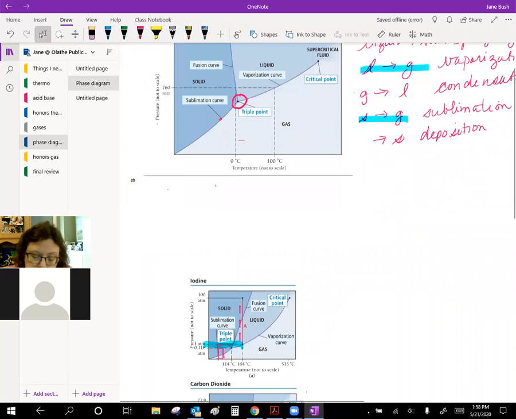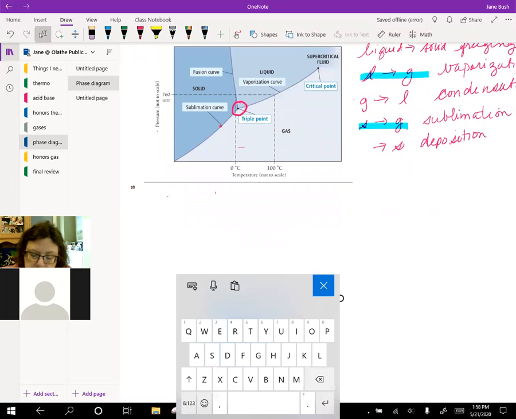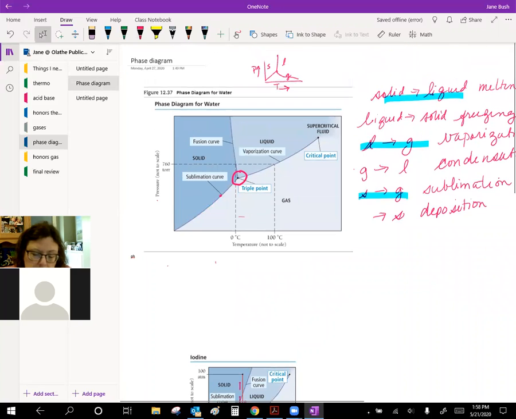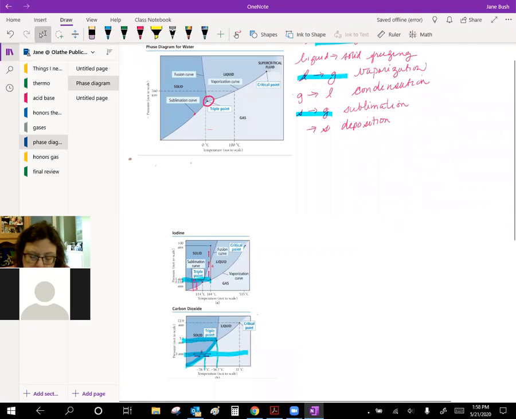Okay, notice how these are different shaped for iodine versus water. And then there's carbon dioxide under that. You get different shapes, but you still have solid in the upper left, gas in the lower right, liquid smushed in between.